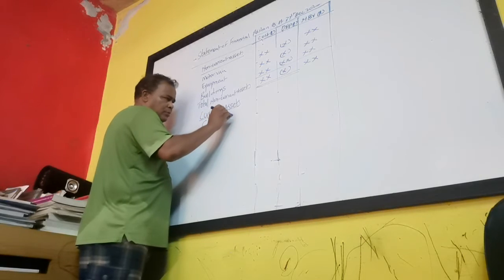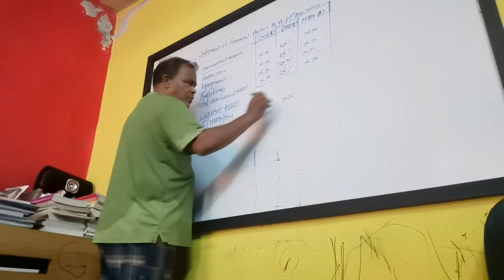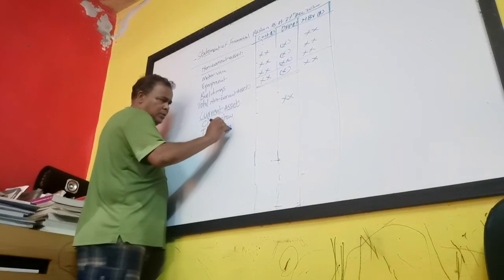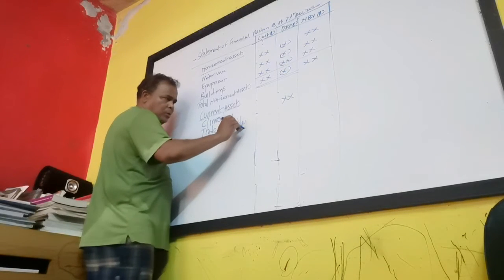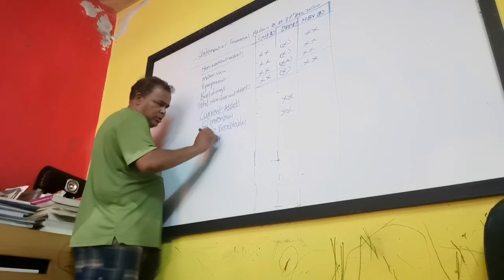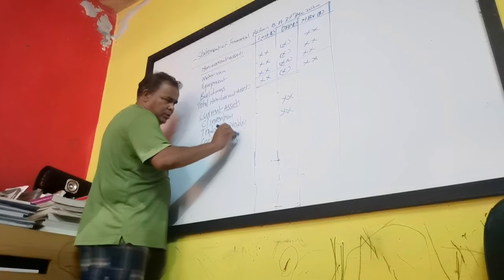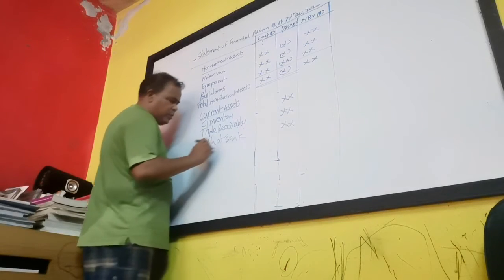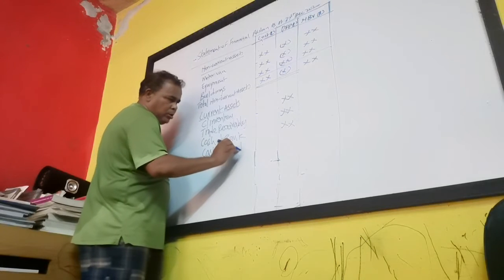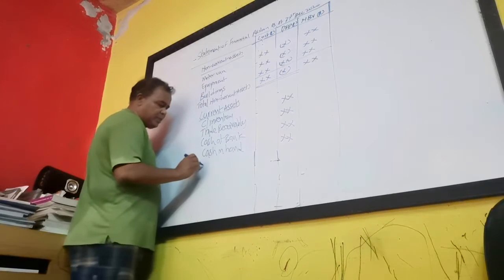In the second column, we'll have trade receivable. We'll have cash at bank, maybe cash in hand, and expenses prepaid.